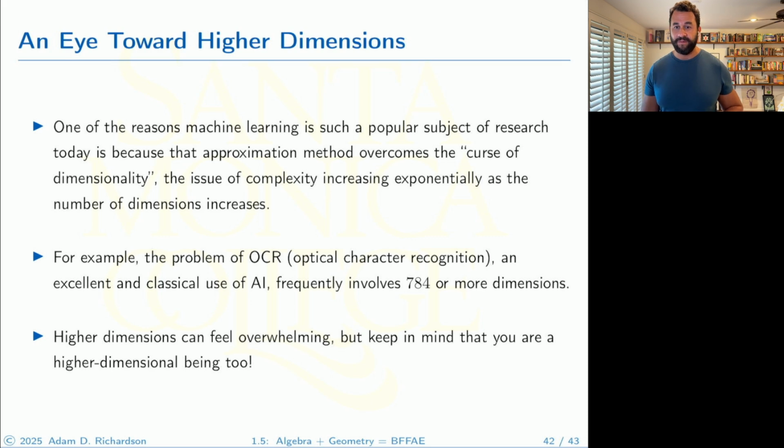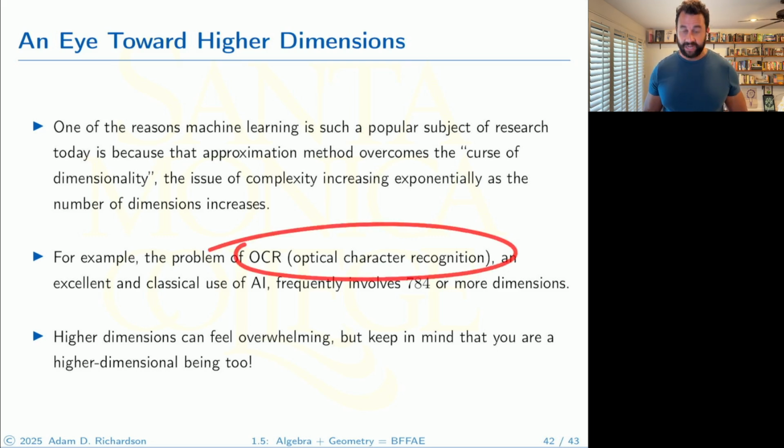I think a very simple, easy to understand example of AI use is in optical character recognition, right? You might have seen this before. If you have a tablet and you write a math equation down, and then it recognizes the equation that you wrote down and then solves it, that's optical character recognition.